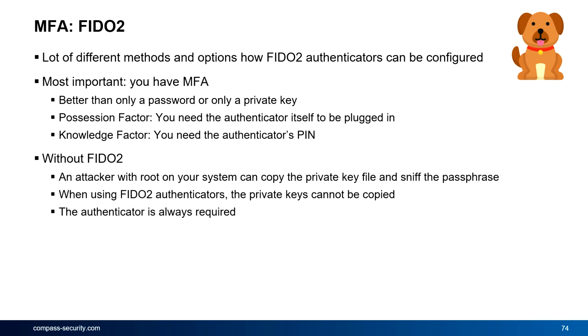But if you use FIDO2 authenticators, then the private keys can't be copied and the authenticator itself is always required for authentication. So this means either you need to plug in the authenticator itself, or you can only authenticate from the device where, for example, the TPM is built in.